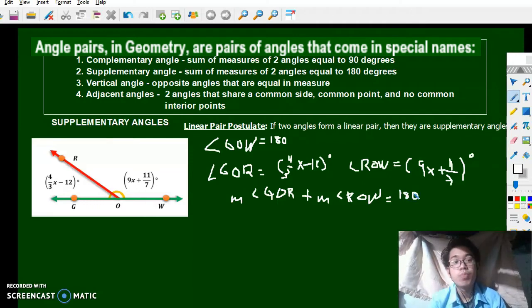Now we can compute for the value of x to solve for the missing measurements of angle GOR and angle ROW.